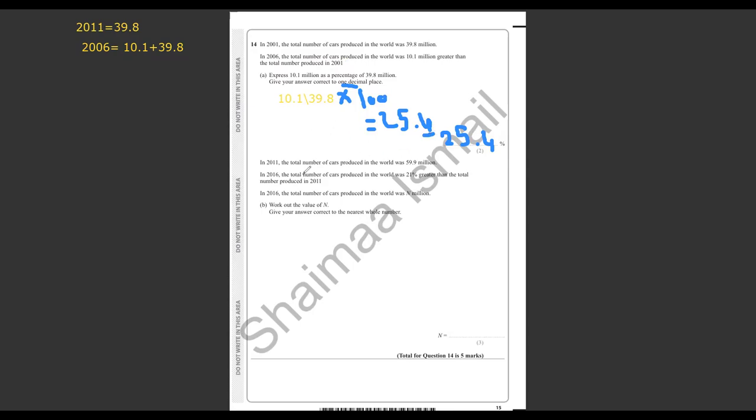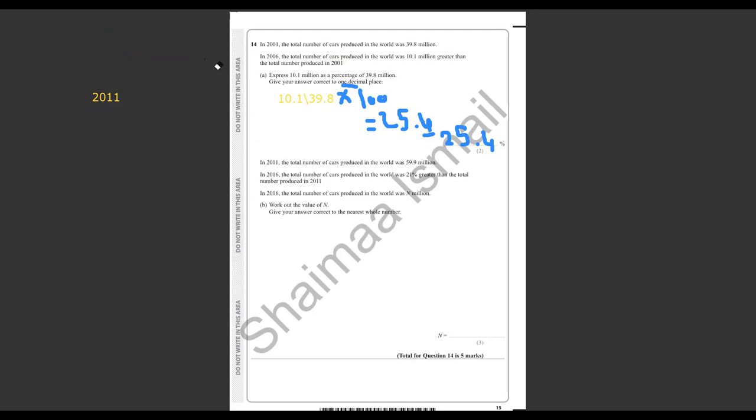Okay. In 2011, the total number of cars produced in the world, 59 million. Okay. In 2011, the total number of cars produced in the world was here. Yeah, here is 2000, here is 2001, not 11.